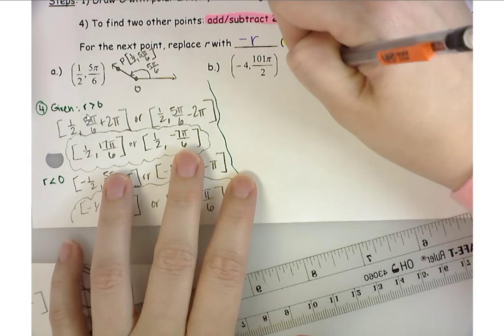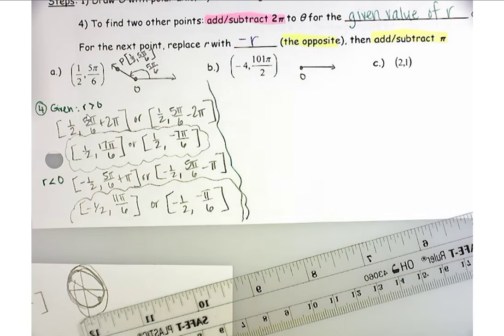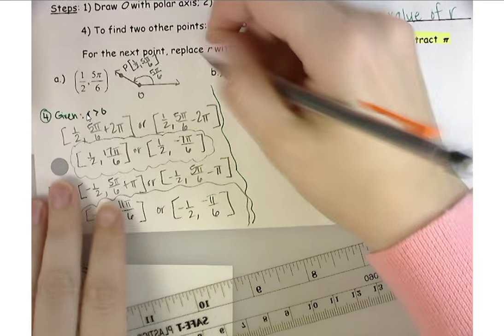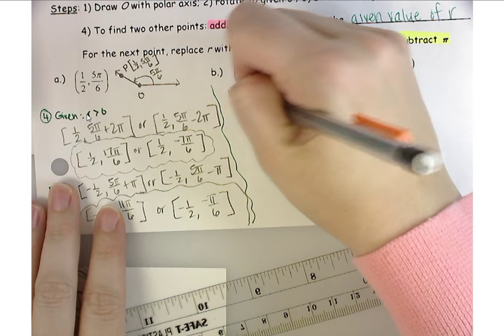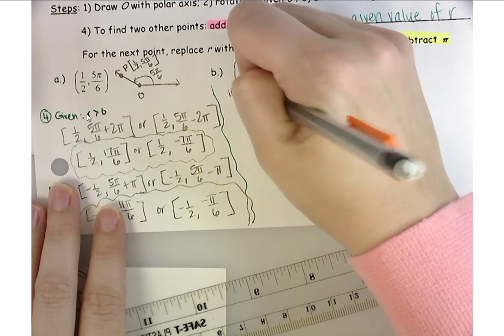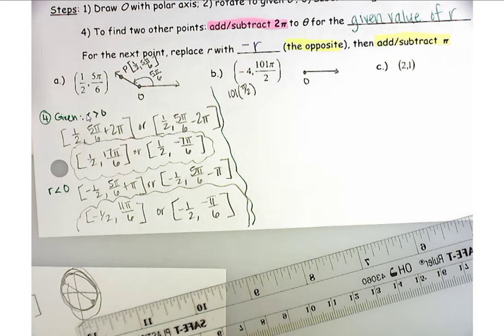So I have my pole, I have my polar axis. You said pi over 2 goes into something 4 times, but did you say 2 pi?